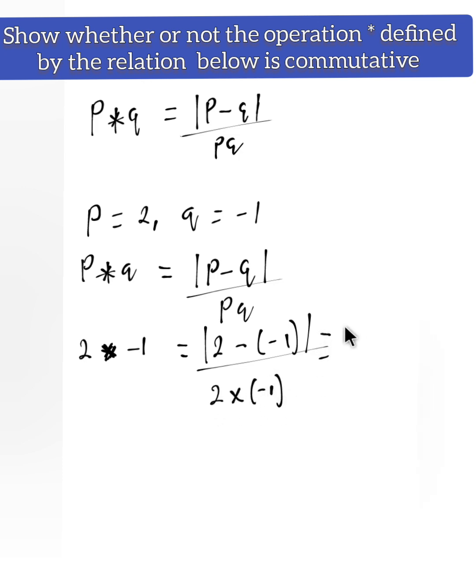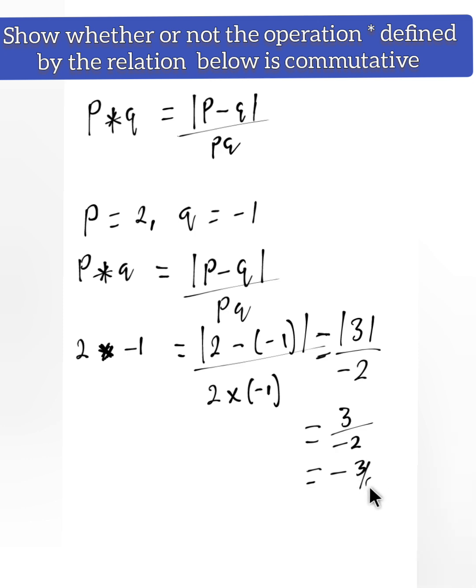Now this will give us the absolute value of 3 all over -2, because 2 minus -1 is 3. Then the absolute value of 3, of course, is 3, all over -2, and this is the same thing as -3 over 2. So hence we have that P operation Q is equal to -3 over 2.